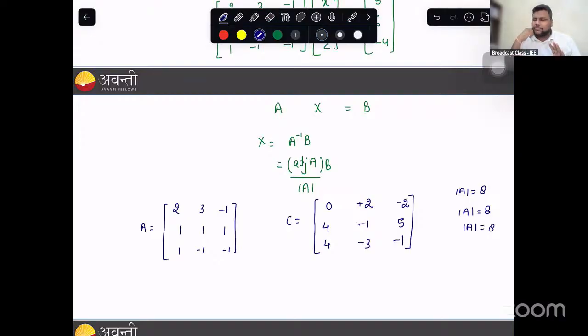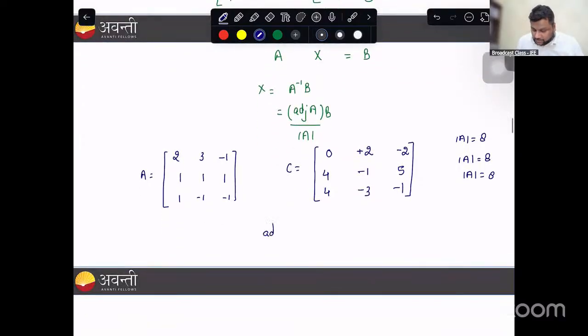All right. So the determinant is okay, as well as the matrix formed by the cofactors is also okay. So adjoint A will be what? It is C transpose. So it is 0, 2, minus 2, 4, minus 1, 5, 4, minus 3, minus 1.